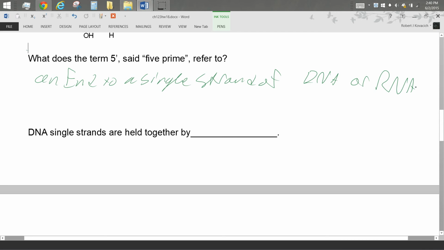So when I've got the strands, one end will be termed the 5 prime and the other will be the 3 prime end, and that's the carbons on the sugar molecule that extend the backbone of the DNA molecule between the phosphorus and the sugar. So there's a phosphorus that's connected to the 5 prime and a phosphorus connected to the 3 prime, and so one of them, the top, is the 5 prime carbon, and the other one, the bottom, is the 3 prime carbon. So it just gives you the orientation of the strand.